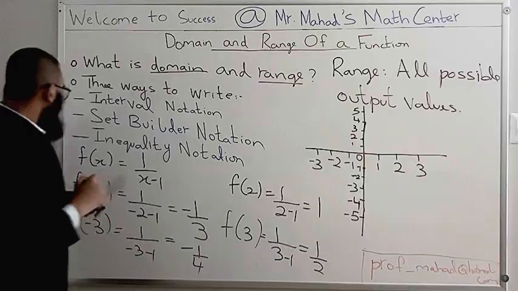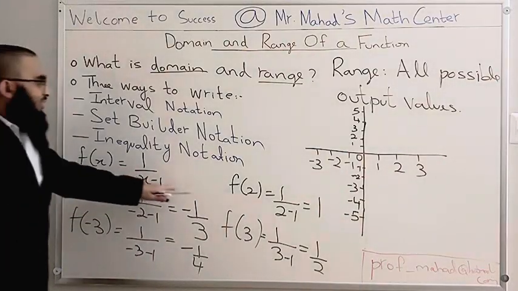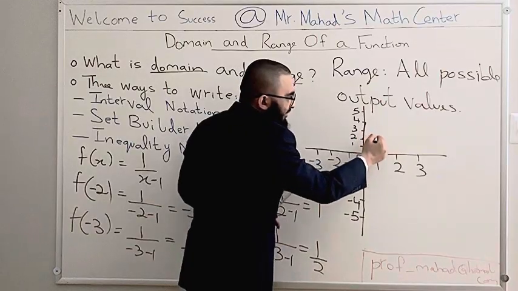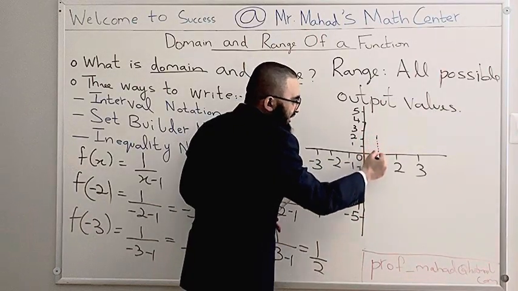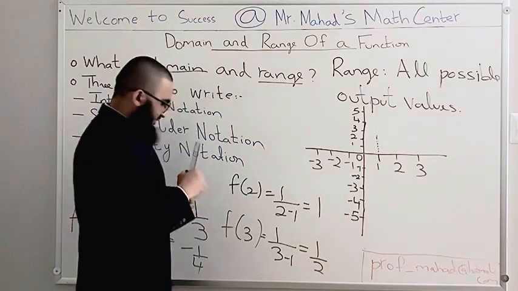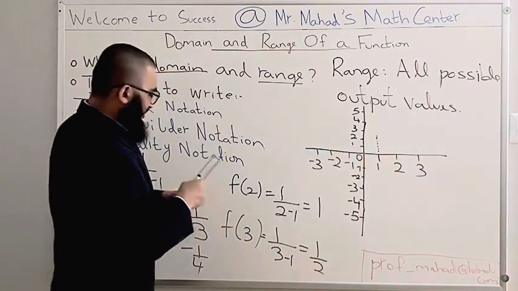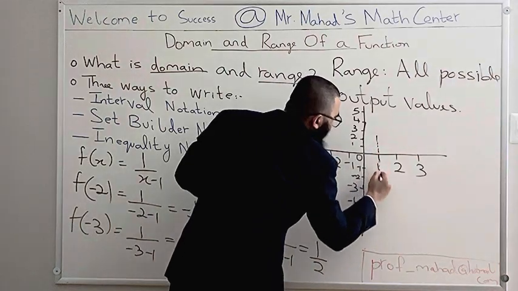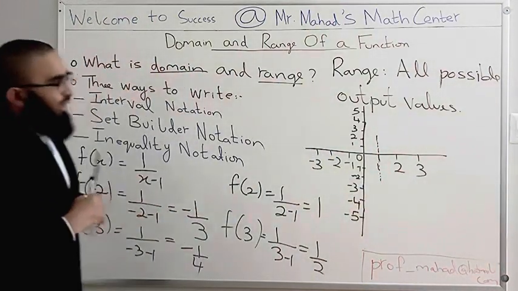We know that x cannot be 1, so there is no way we will have any output here. Let me draw that with a different color. So there is no way we will have an output when x is 1.